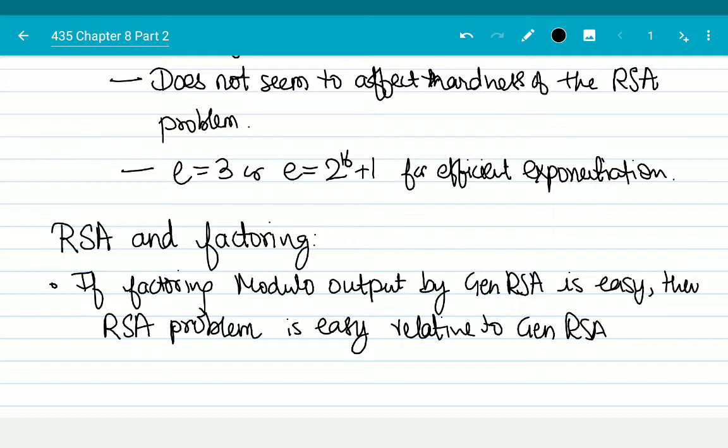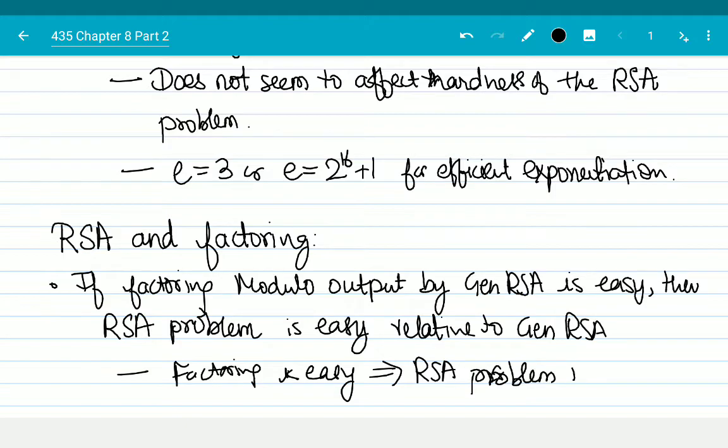Okay, which is to say, if the factoring is easy, then the RSA problem is easy. Factoring is easy implies RSA problem is easy. Okay.